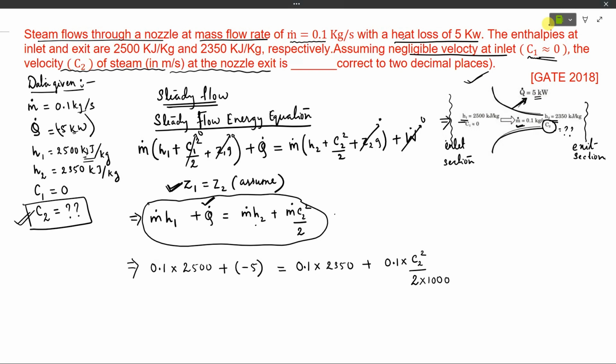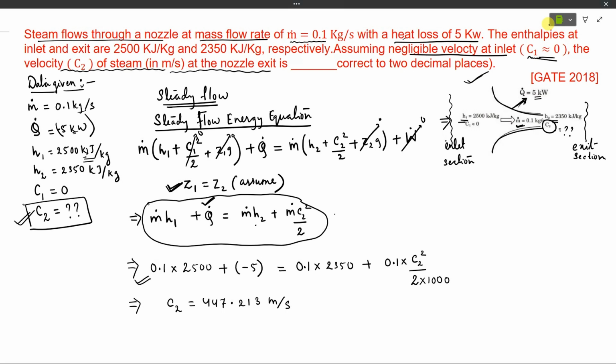After solving this equation, we get C2 as 447.213 meter per second.